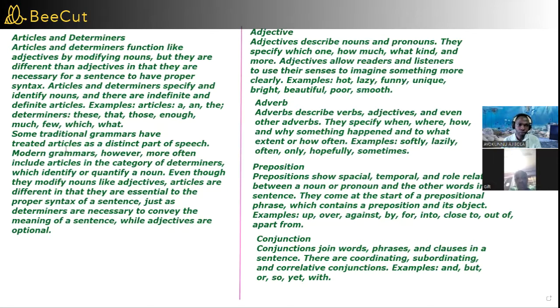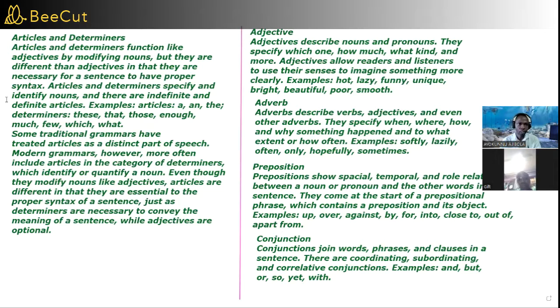Some traditional grammars have treated articles as a distinct part of speech, making the parts of speech nine. However, more modern grammar includes articles in the category of determiners, which identify or quantify a noun. Even though they modify nouns like adjectives, articles are essential to the proper syntax of a sentence, just as determiners are necessary to convey the meaning of a sentence, while adjectives are optional.